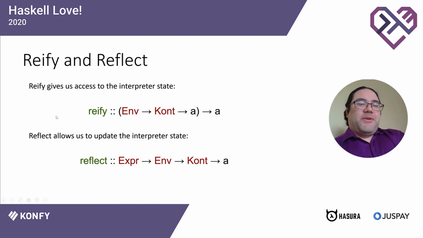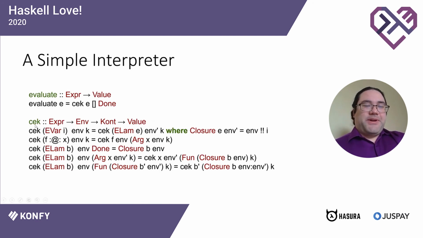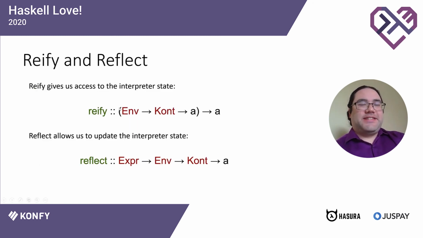But what we want to do is actually expose this expression, environment, and continuation as values in the language that we can manipulate and then be able to provide new ones back. So we do this in two parts. We have a Reify, which will take the current environment and continuation. It doesn't actually give you the code because when you call Reify, the only code that would be there would be the call to Reify, so you already know what the code is.